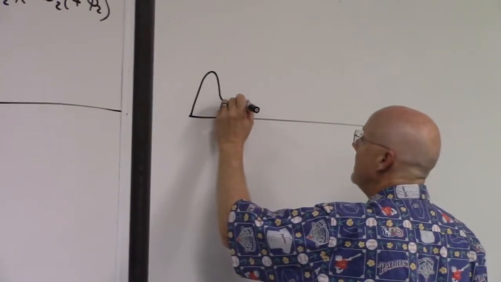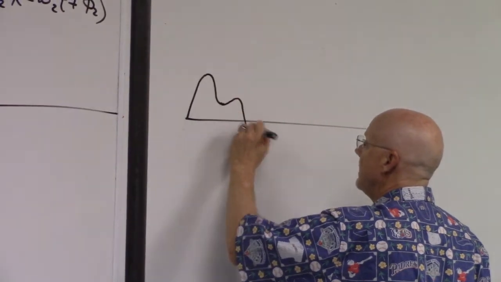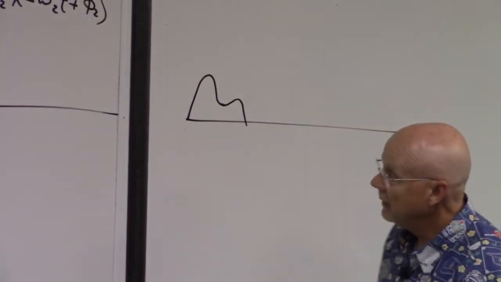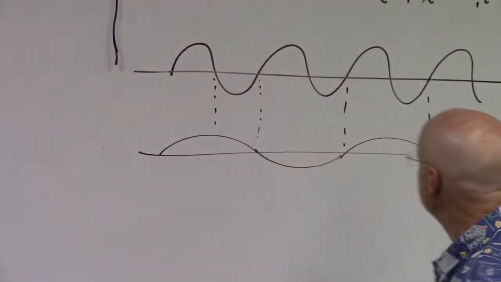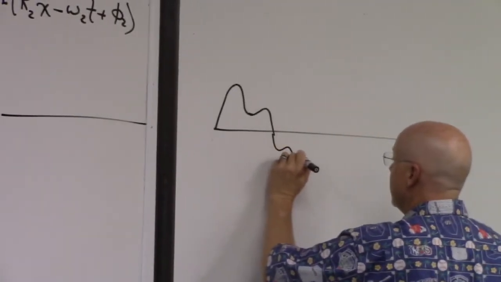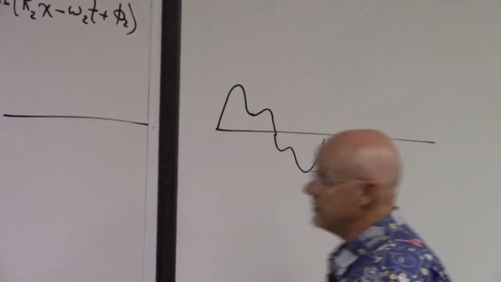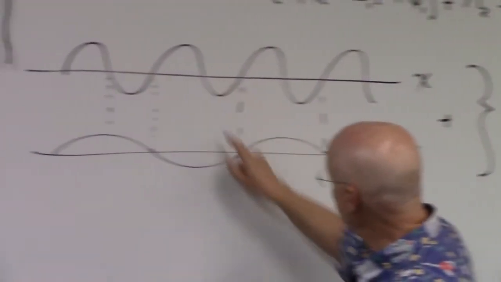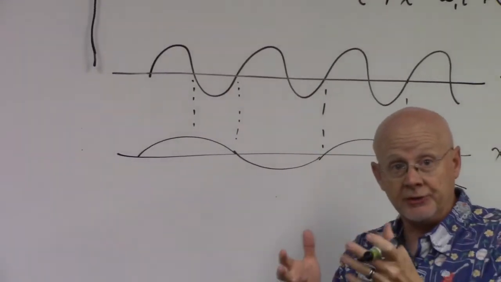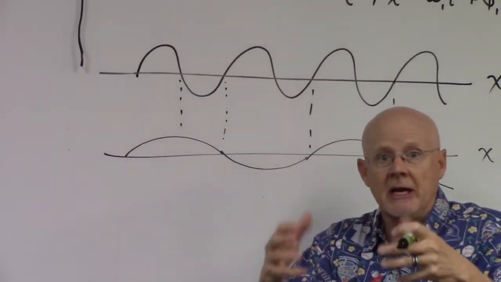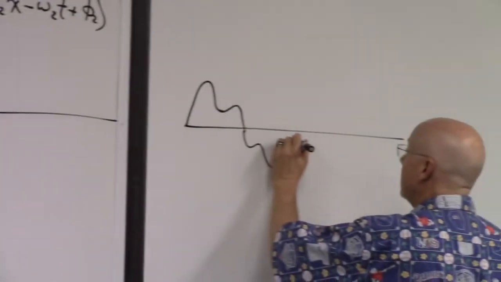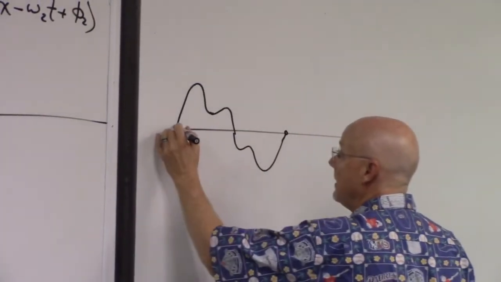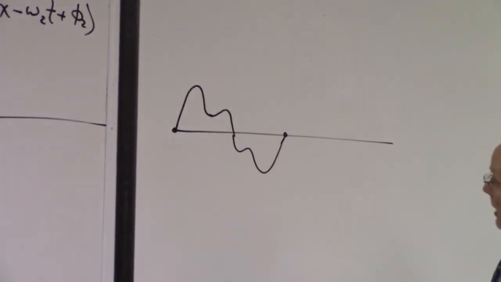And so maybe it would look like this. Whereas when we get to this part here, this is saying up and this is saying down, and so maybe it's a little piece like this, but then eventually we get to this part where both of them say down, and so the result of two negative numbers together makes a bigger negative number, and maybe looks something like this. And that would be then what I would get as a result.